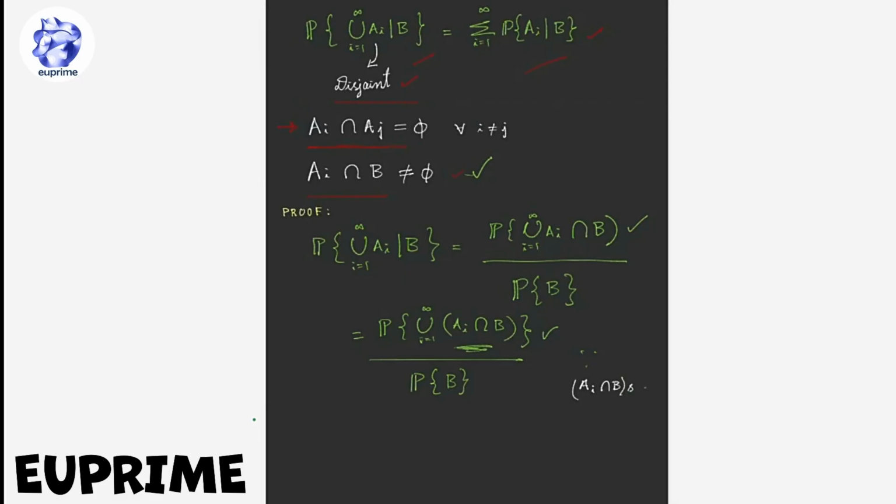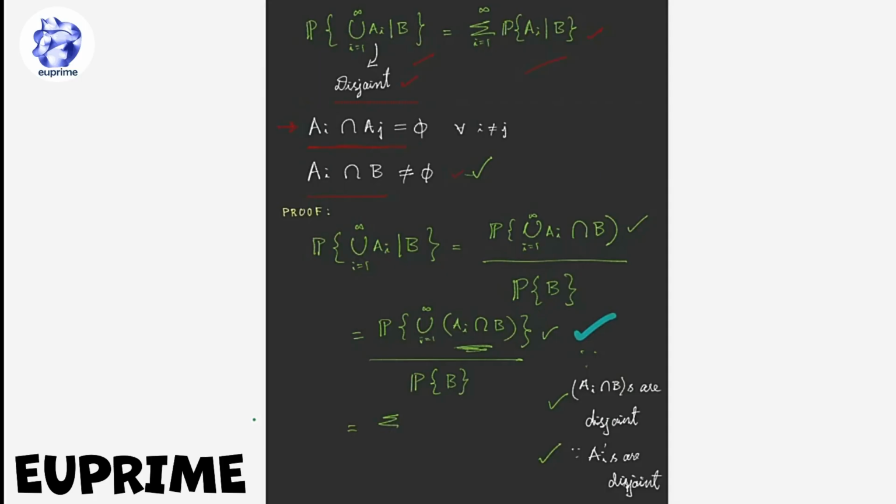These terms are disjoint. And that is possible because AIs are disjoint. As a result of which we were able to write this term.